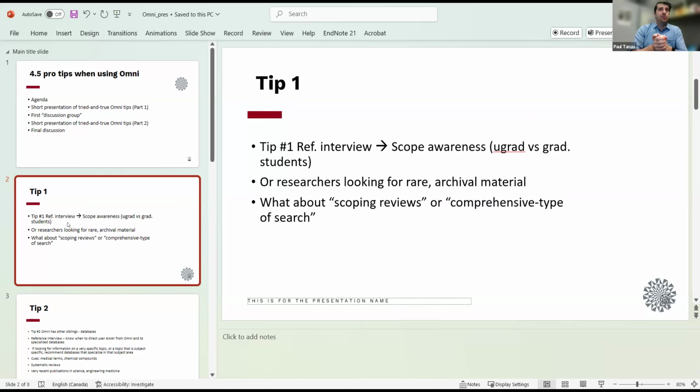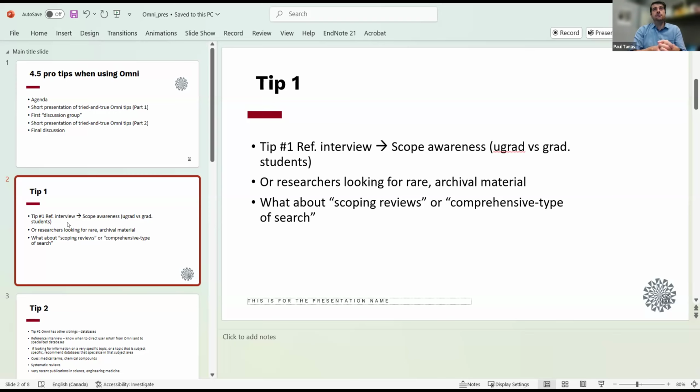On the slide here, I put the situation when you're dealing with a researcher who is looking for rare or archival material, right? Is that material even present at your library or even in the OMNI network? So it is always worth doing that reference interview.